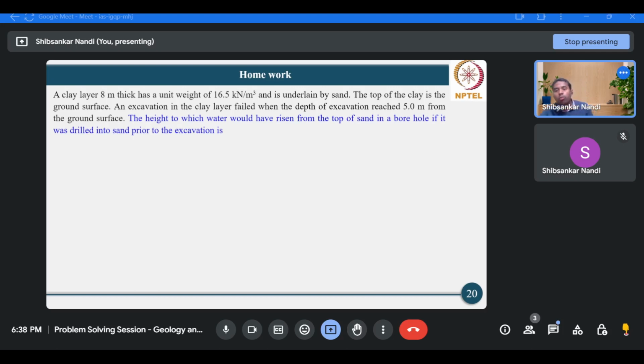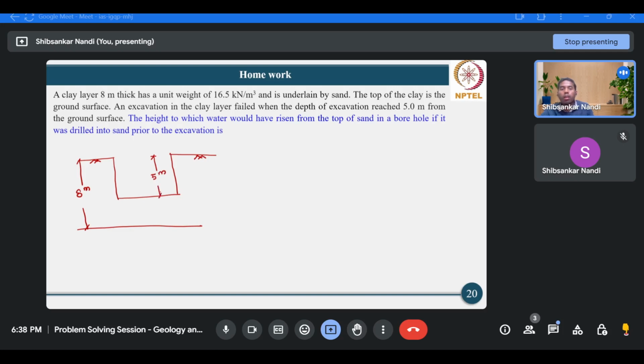So if we draw the problem definition, this is the 8 meter clay layer, and this is the 5 meter excavation.